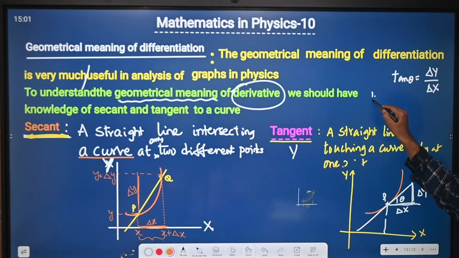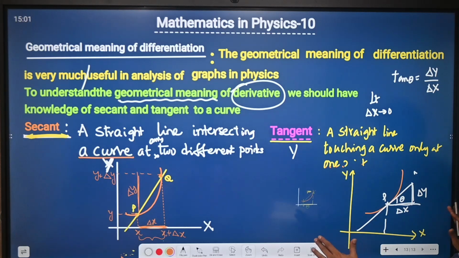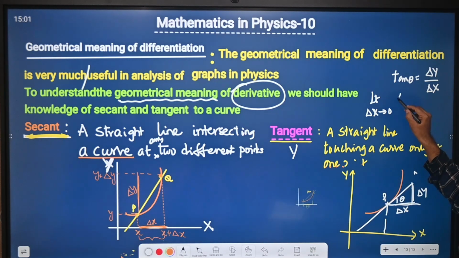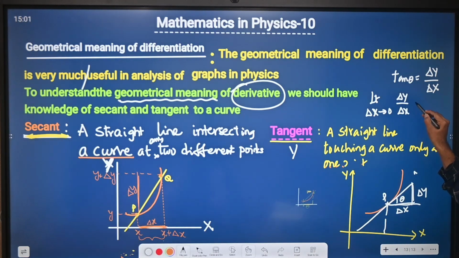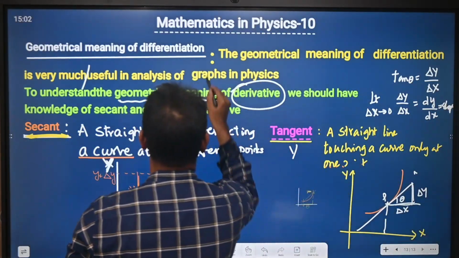If you take the limit of delta x tends to 0, when delta x is reduced, we can write delta y by delta x as small change in y by small change in x. This is nothing but slope. So this is the geometrical meaning of differentiation.